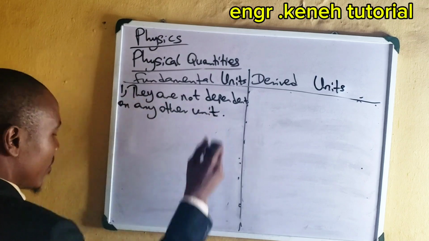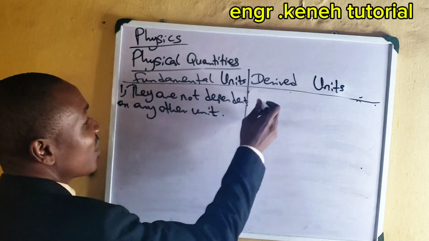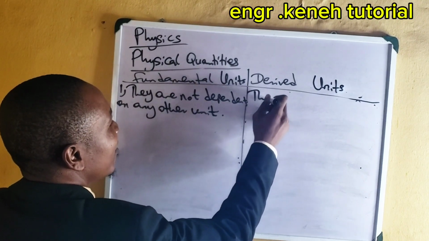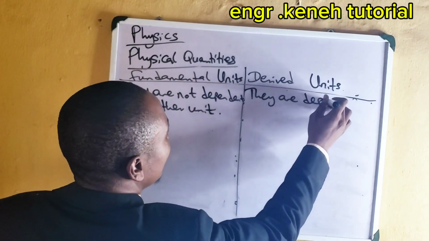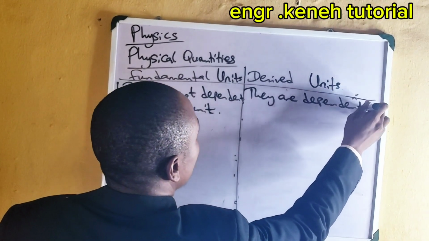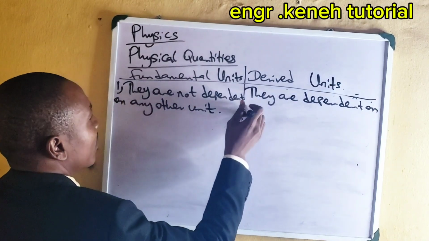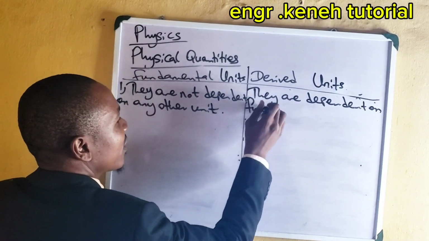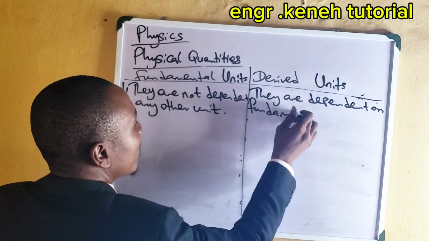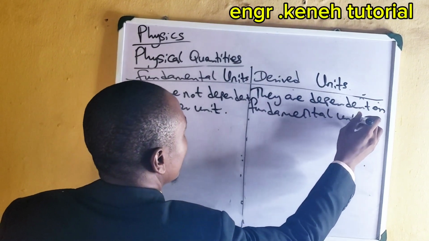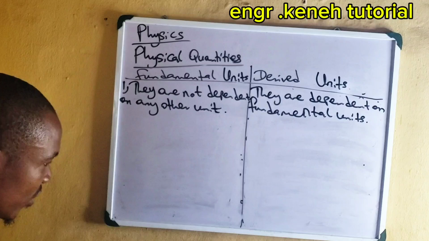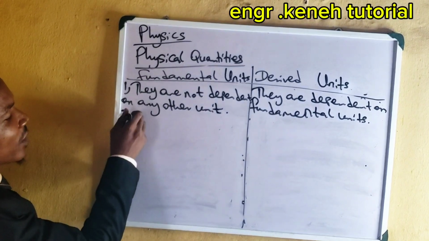Can you see that? While derived units are dependent on fundamental units. They are dependent on fundamental units.